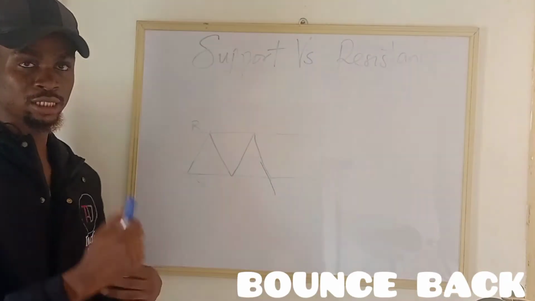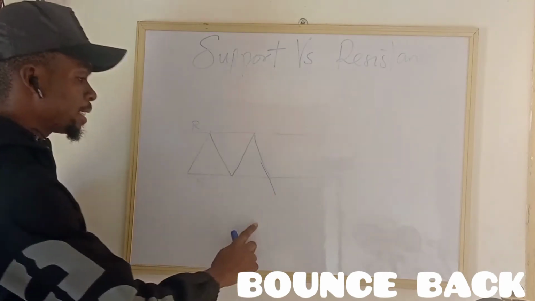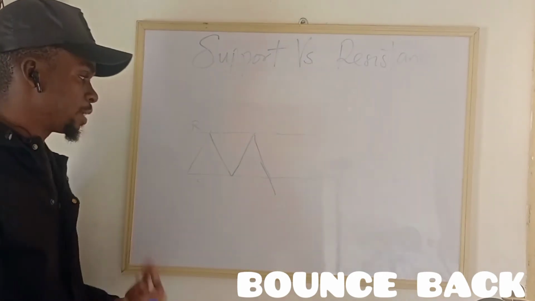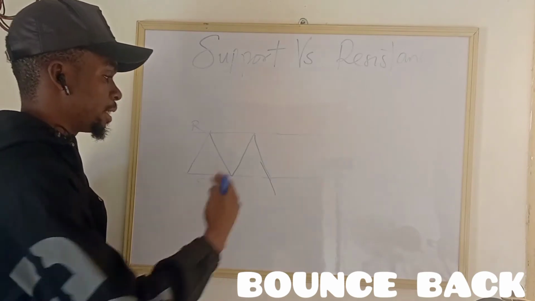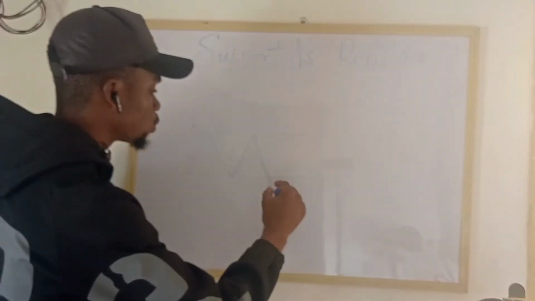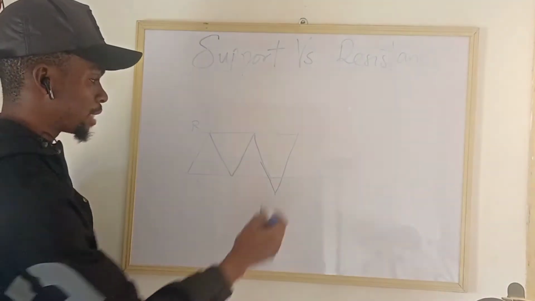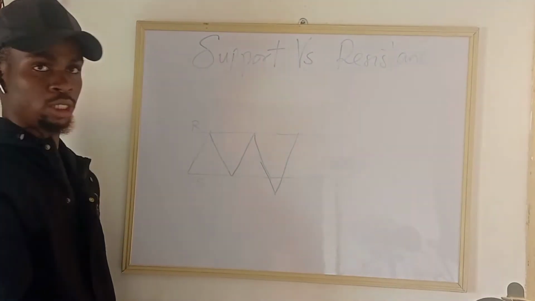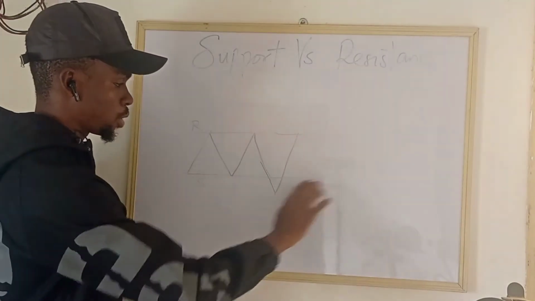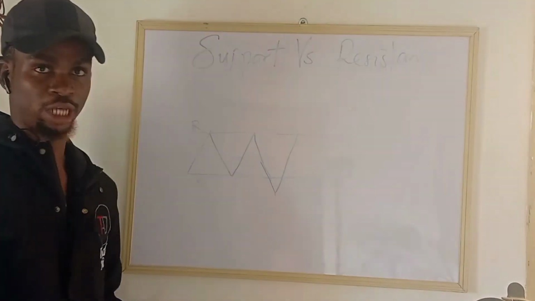A bounce back simply means price will break out of a level, then you see a lot of traders out there say this is now acting as our resistance, and before we know it, price will bounce back in. Normally we were anticipating a retest here for this level to become what we call a resistance, but instead price bounced back into the channel.